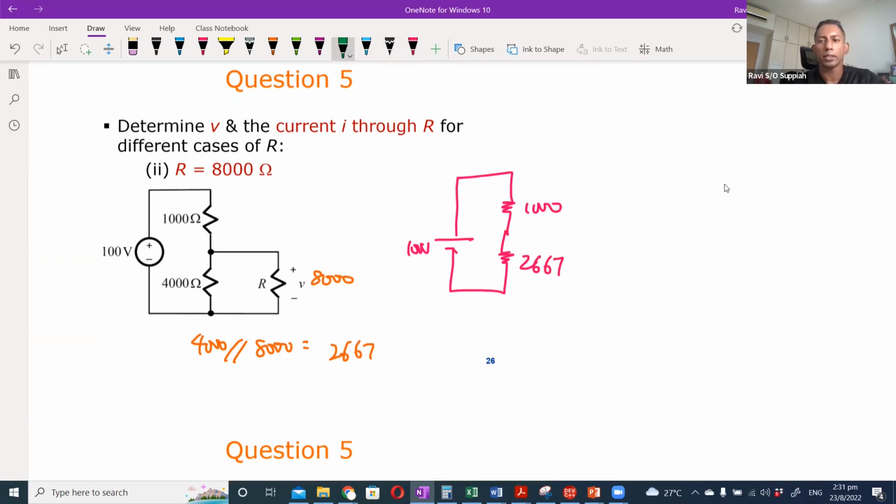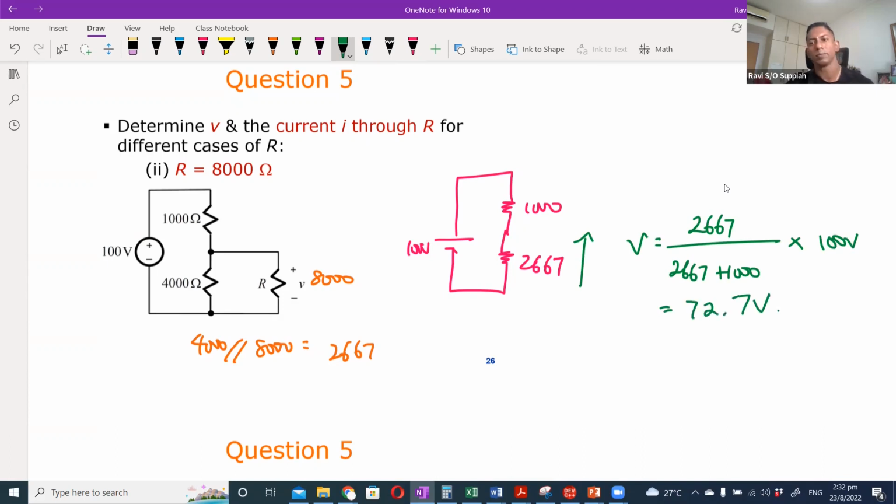So the voltage here will be equal to 2667 over 2667 plus 1000 multiplied by 100 volts. Again, that will give me 72.7 volt. And this 72.7 volts is again across both these devices the same, correct?